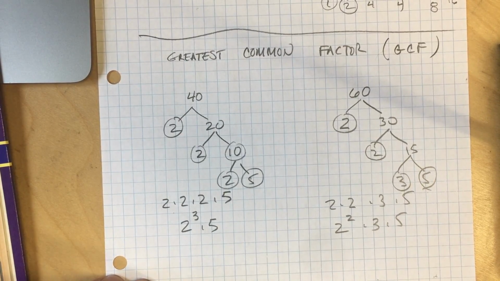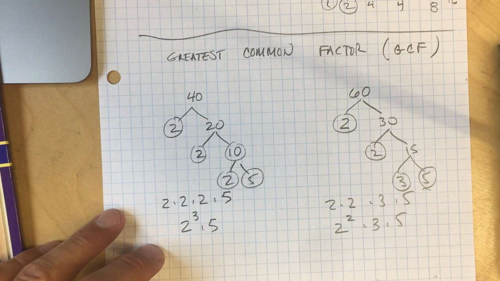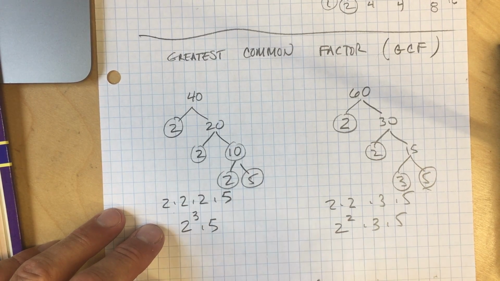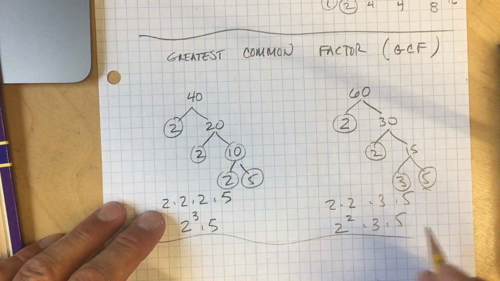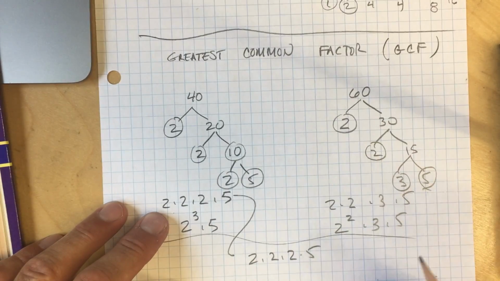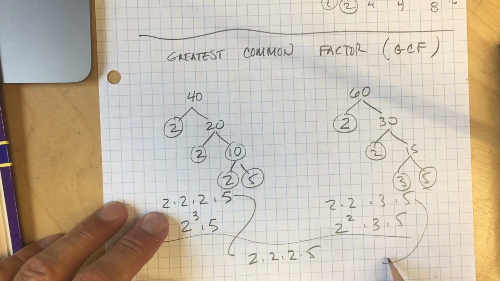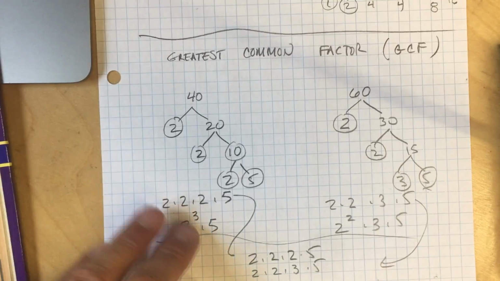Now, what do we do next? Well, what we want to do is we want to match up the powers that match. So let's do it like this. This is 2 times 2 times 2 times 5, and this one is 2 times 2 times 3 times 5.